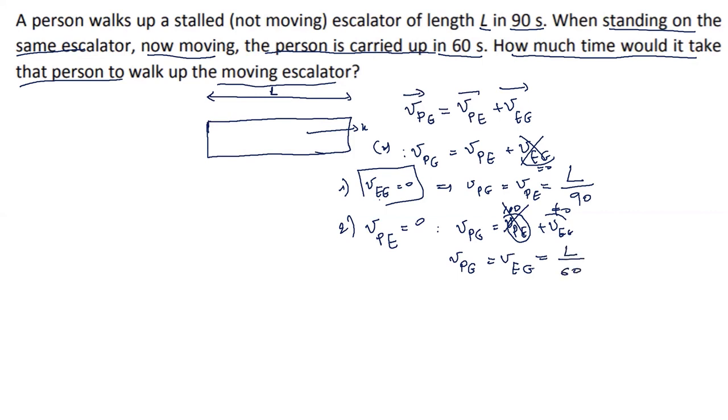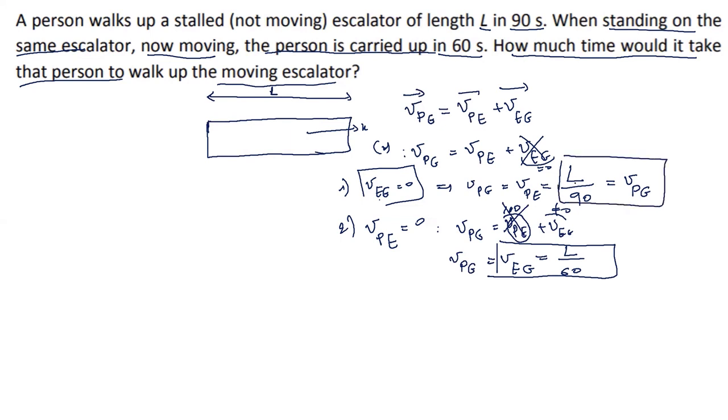Okay. So now this is the velocity of the escalator with respect to the ground. It's just L divided by 60. So specifically, the escalator is going with respect to the ground with this speed, L divided by 60. And intrinsically, the person is going at a velocity with respect to the ground of L divided by 90.